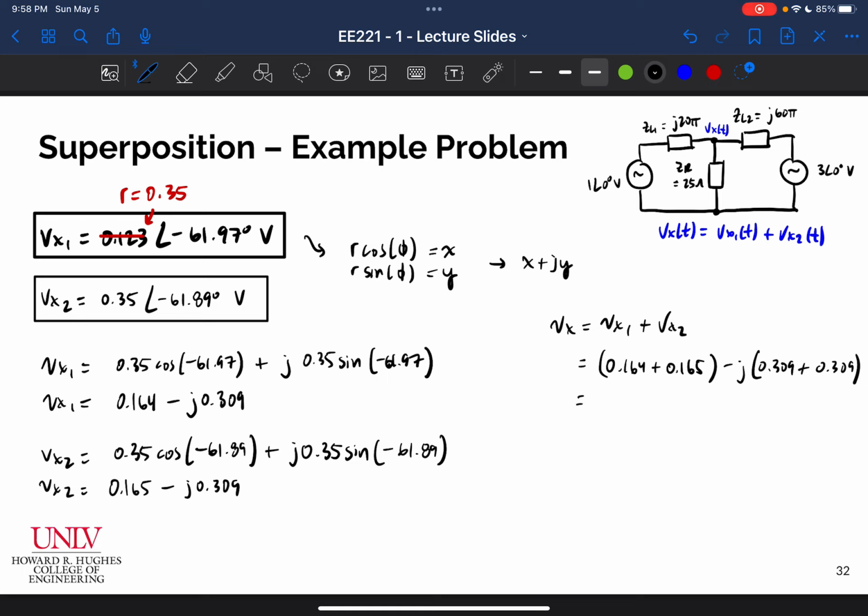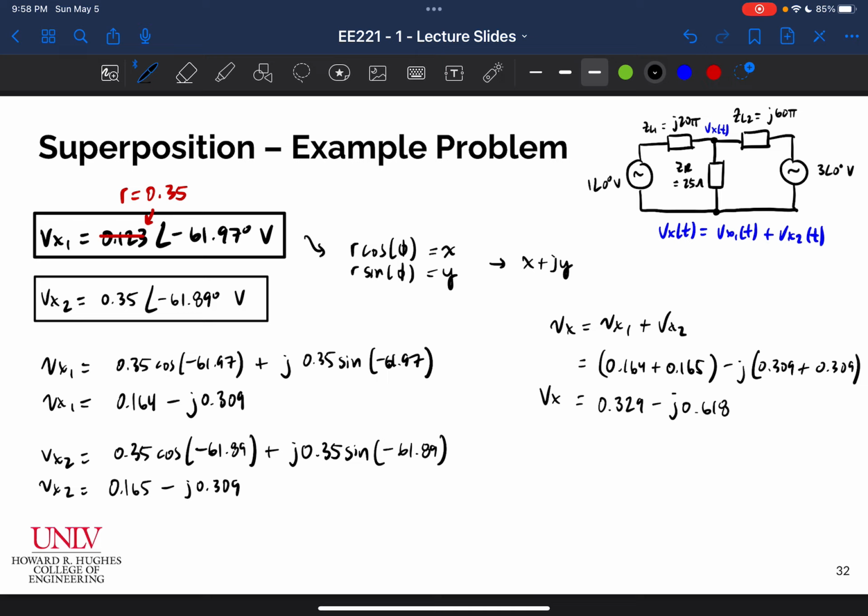All right, and that's going to give me, let's just do it. I don't feel like doing the mental math. 0.329 minus j 0.618. That's my value for Vx.